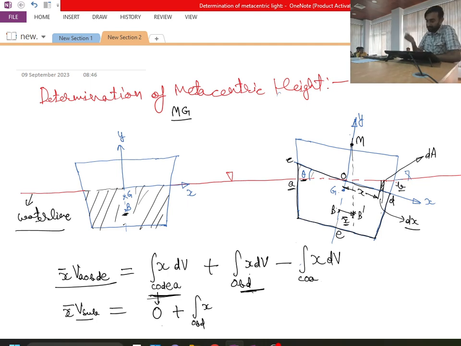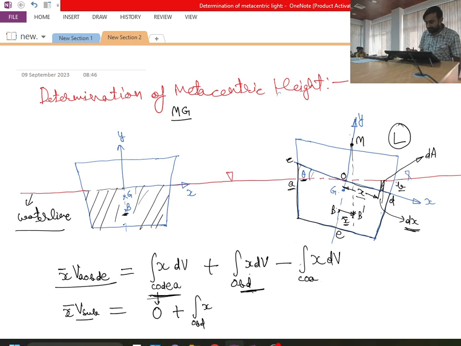For the second term, let me consider that at a distance of x, I have one small element of elemental area dA and thickness dx. And let me consider that the width of this element normal to the board is L. L is the width which is normal to the board.